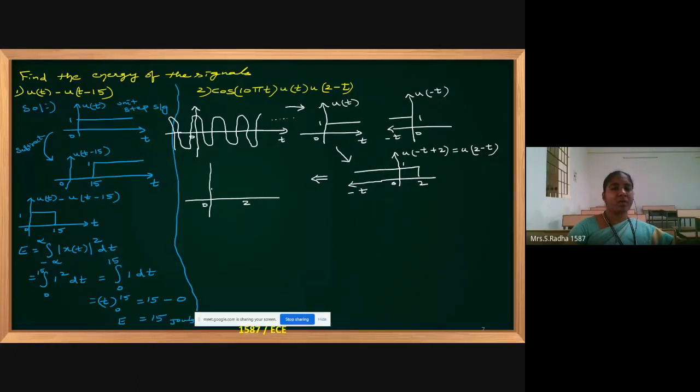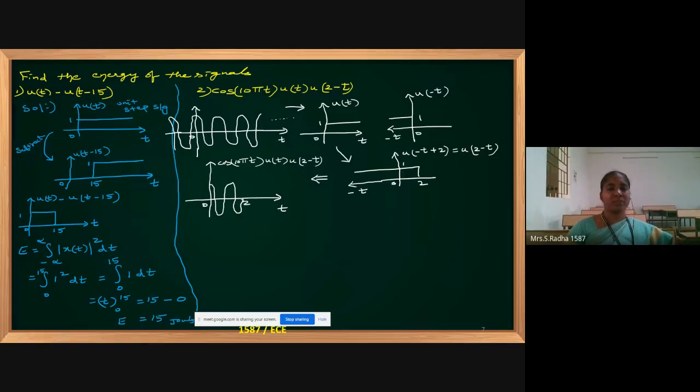And you are multiplying a cosine wave with u of t, so this cosine waveform will be on the positive x-axis only up to 2. This is our final diagram: cos 10 pi t into u of t into u of 2 minus t. This is the diagram for the given question.